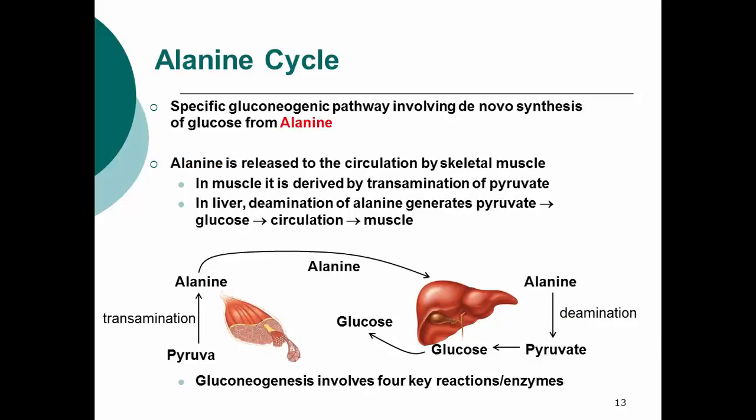And in the alanine cycle, the alanine is released from skeletal muscle and picked up by the liver for gluconeogenesis, right? So just see which substrate and which tissues contribute the substrate for gluconeogenesis, and try to remember this process.